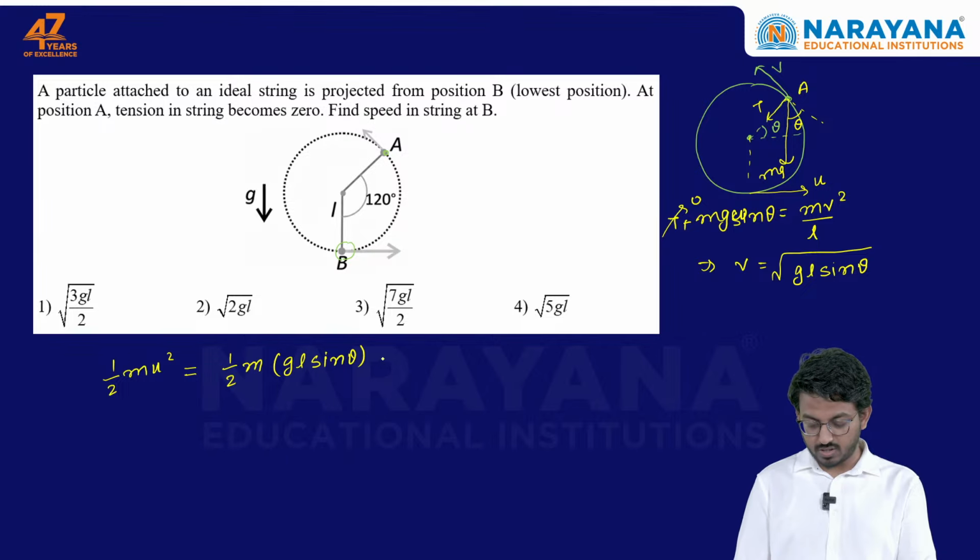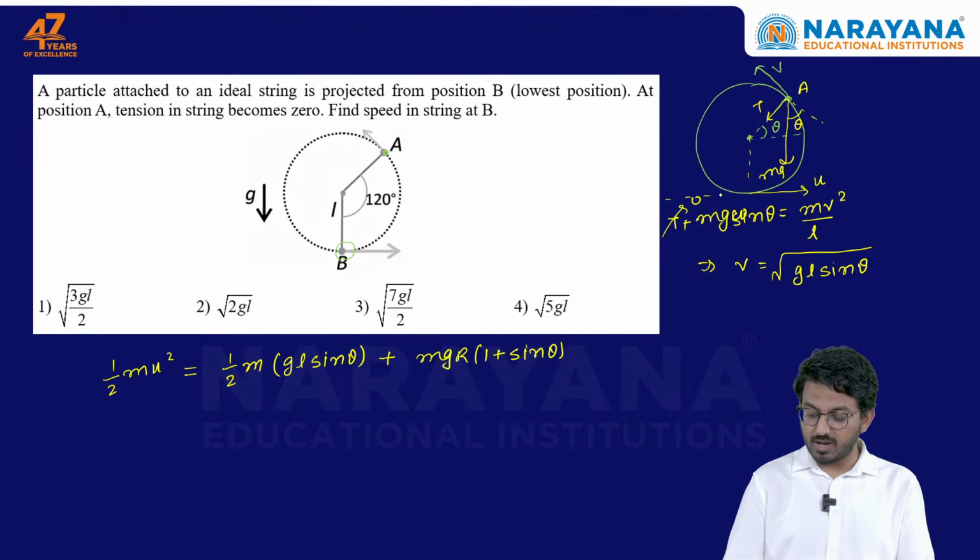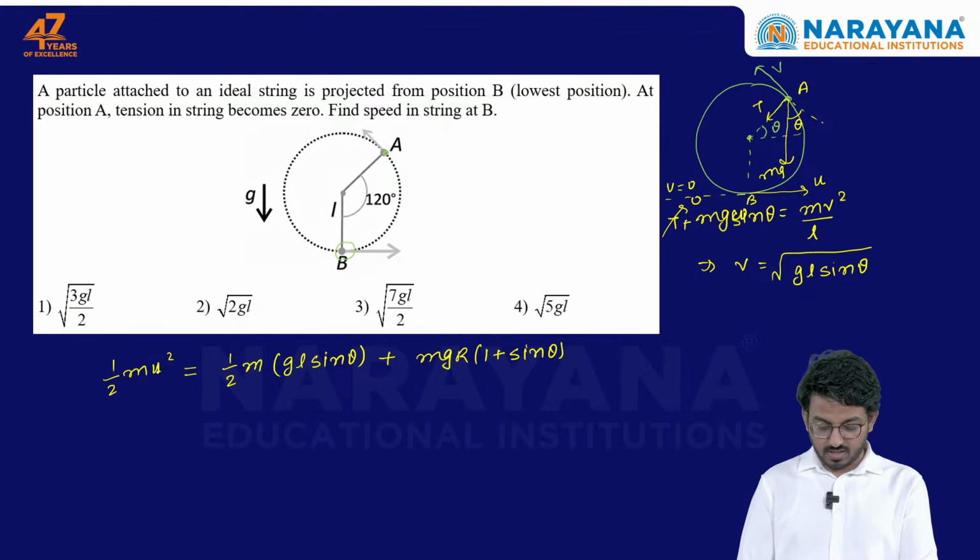So we already got this half mv squared plus the height above the base point B, which is going to be mgL(1 plus sine theta). So initially we have kinetic energy only, and finally we have kinetic energy plus potential energy, because we have considered the reference at B for gravitational potential energy. Solving this, we can move on.